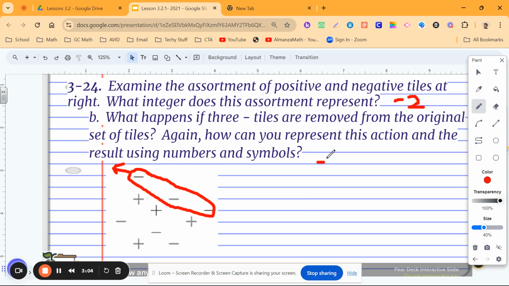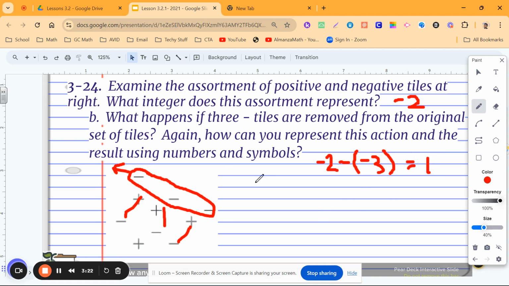All right, so we started with -2, and we're taking away 3 negatives. Okay, we're not taking away positives, we're taking away negatives, and that leaves us with, there's a 0 pair, 0 pair, 0 pair. That leaves us with 1.